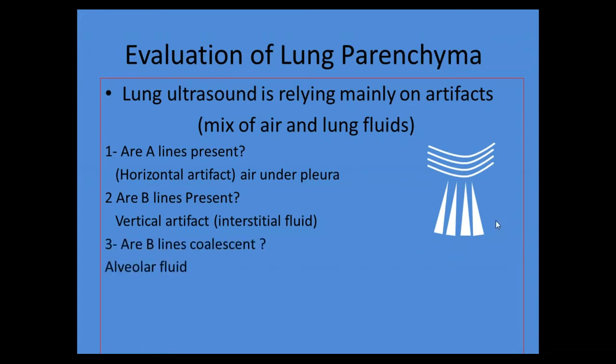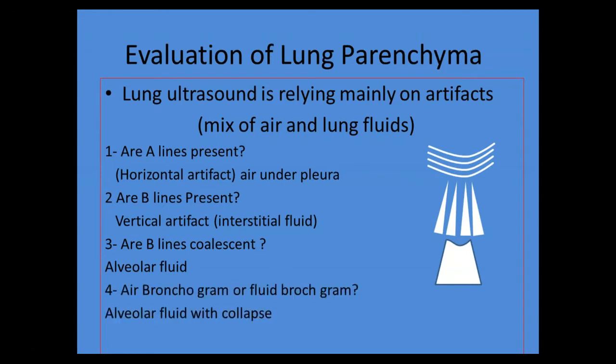And then when the B lines start to be coalescent or cannot be differentiated, then we call that coalescent B lines or alveolar fluid. So if we have the fluid basically in the alveoli, not in the interstitial space, then it is more severe, significant lung fluid. And the typical example for that is severe RDS.